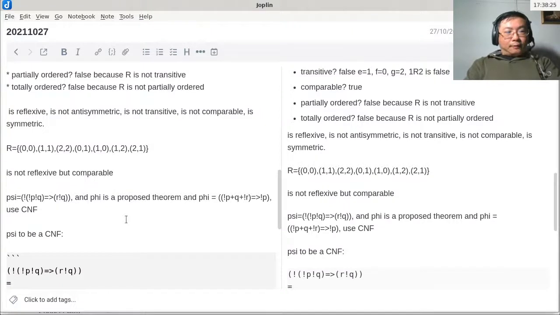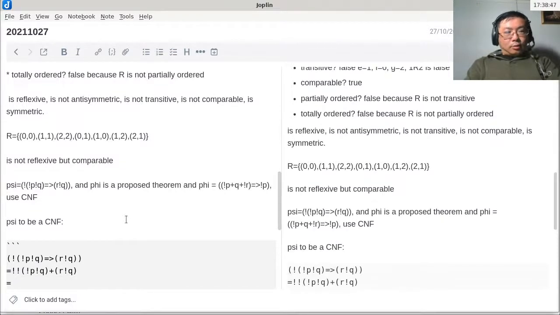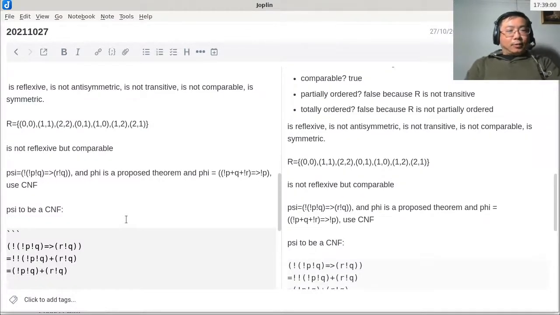When we get rid of the implication, we have to negate the left-hand side, which means we have double negation, and then not P, not Q, and then we have an OR. Now we can use a plus here to mean OR, and the other side is not negated, so it stays as itself. Then we do a simplification, the double negation goes away, so now we have not P, not Q, or Q, not R, not Q, which is exactly the opposite of what we want.